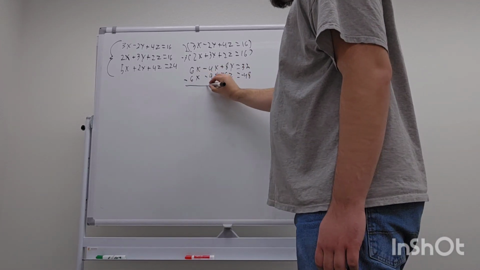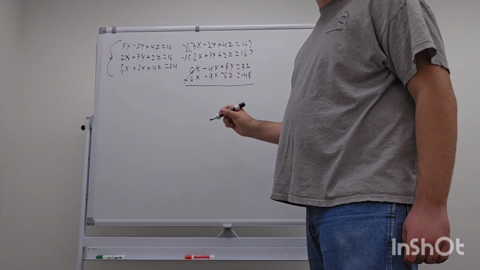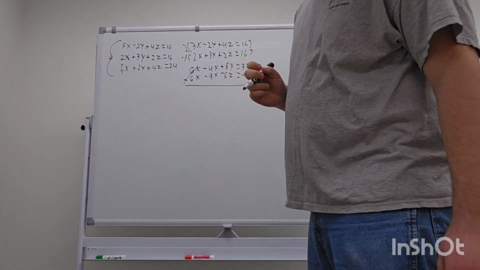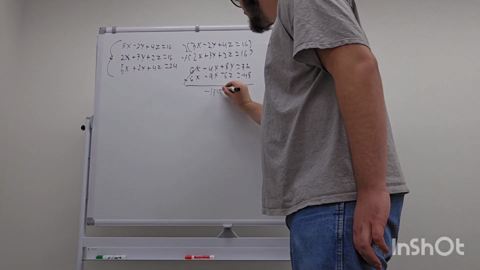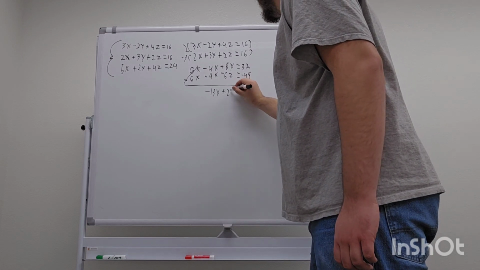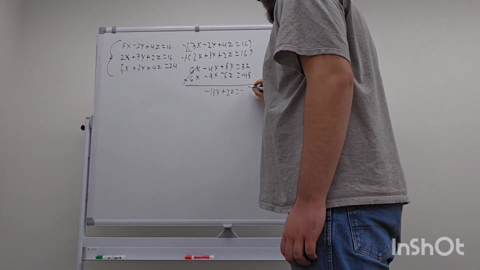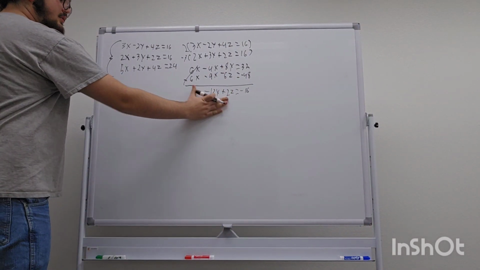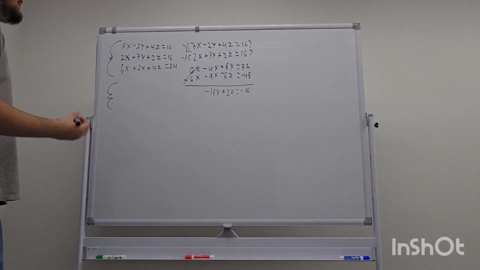Now, we can cancel these two out since they are the negative of each other, which leaves us with -13y plus 2z equals -16. And now that we've isolated the y, we're going to create another small system down here.